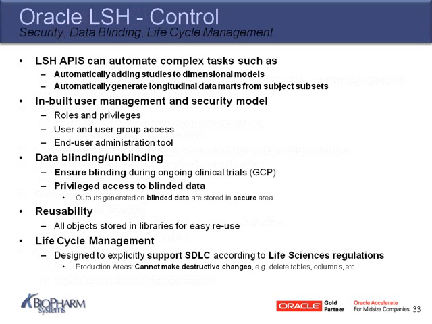One of the key features of the Life Sciences Hub is a series of programmatic APIs that can build out programs and build out schemas algorithmically. At BioPharm, we've taken advantage of that by being able to automatically do things like add studies to dimensional models. We can automatically generate the longitudinal data given subject subsets, because there's a design pattern to that.